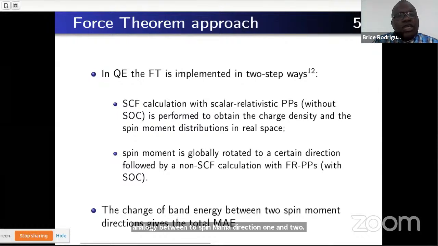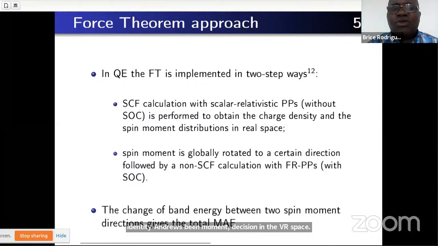So in Quantum Espresso, the force theorem is implemented in a two-step way. Like I said before, the self-consistent calculation with a scalar relativistic pseudopotential without spin-orbit coupling is performed to obtain the convergent density and the spin moment distribution in real space.